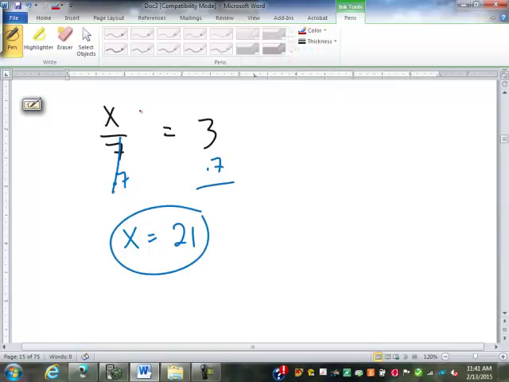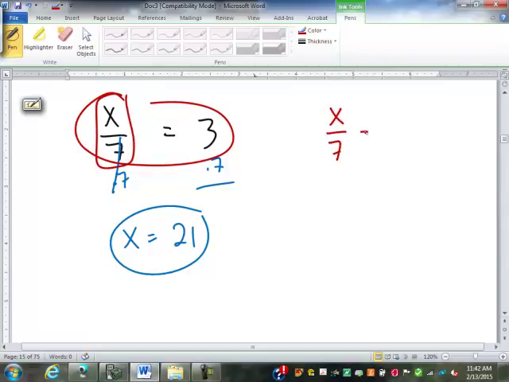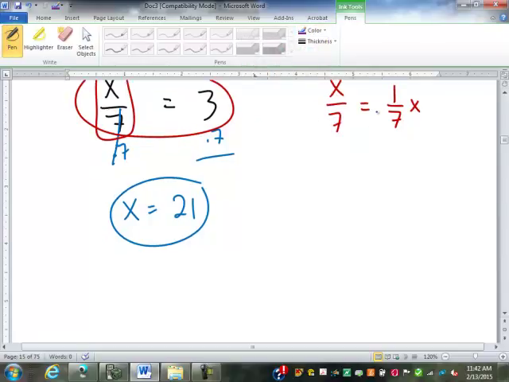In many cases, thinking of it in that way, as being just the variable divided by 7, is the simplest way to solve it. But there's another way you can view this. x over 7 can also be thought of as 1/7 x. In many cases, that's an easier way to think of that notation.